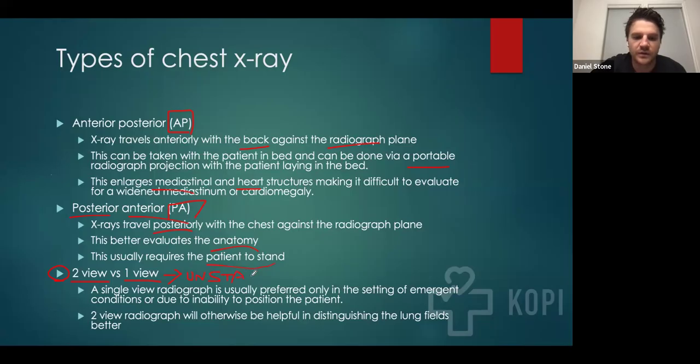In general, we want to keep a very considerate mind about what tests we're ordering and make sure that the one view is generally held for patients who are unstable.